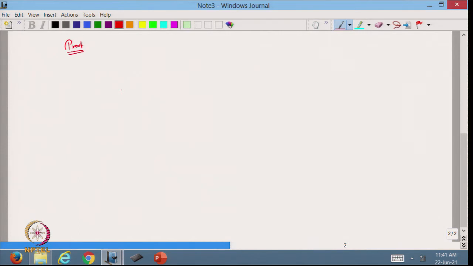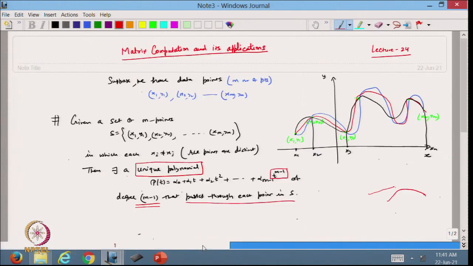Now, the proof of this one. In this case we are going to have a unique polynomial. Given that the polynomial at x1 should be equal to y1, because it is passing through this point.